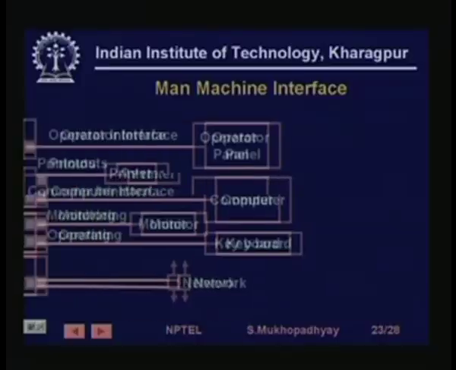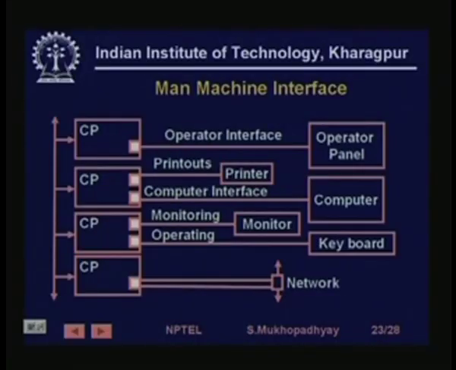There could be a variety of man-machine interface devices which need to be interfaced with a PLC, from operator panels to monitors to PCs to keyboards to printers. All these it is possible to interface.